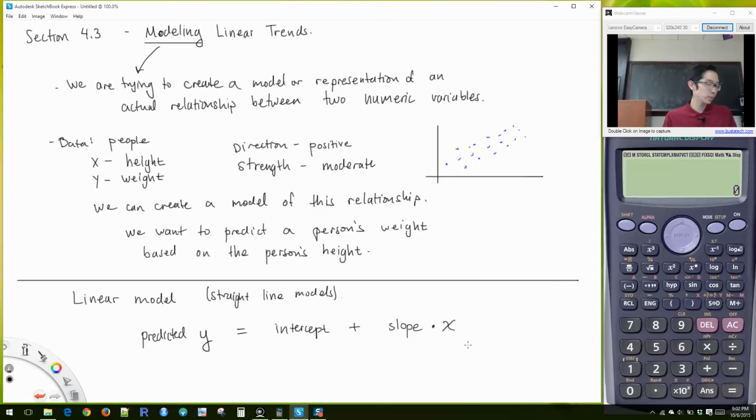The symbol we use to show that this is our predicted y is a little hat over the y. The symbol for intercept is going to be a, and the symbol for slope is going to be b. So I've got y hat equal to a plus bx, where a is the intercept and b is the slope.